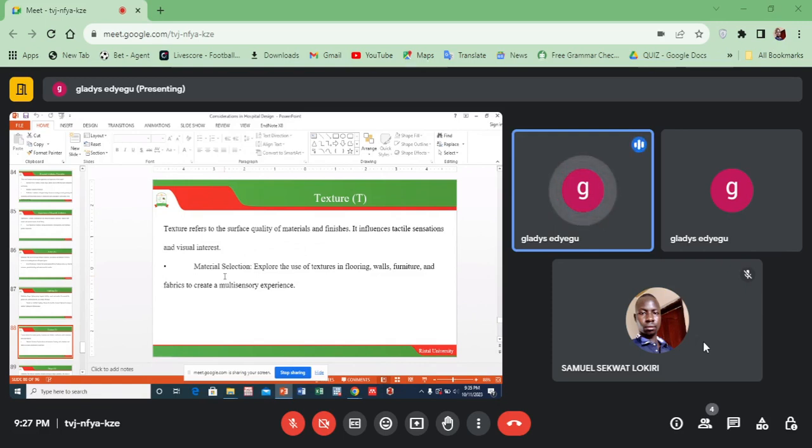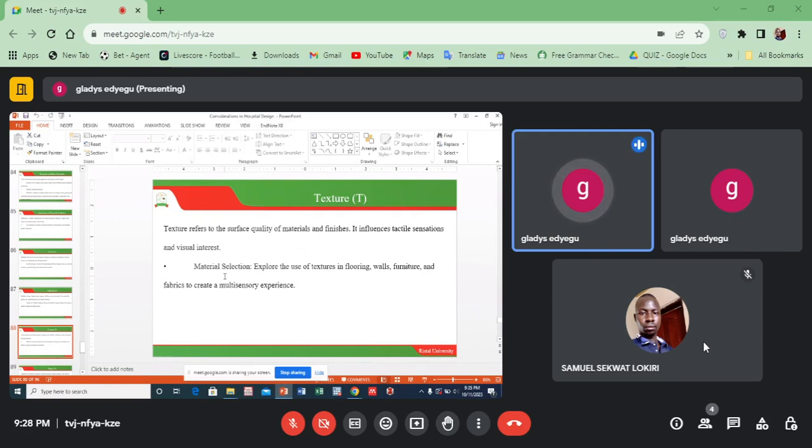And when you look at the texture, it should not be rough, but it should be smooth, whether you're using it on the bed, the curtains, and so forth. So this can influence a lot of things, whereby your patient may or may not appreciate, just because of the type of bed sheet that he or she was given. So the texture matters on the linen or on the clothes that you're using.